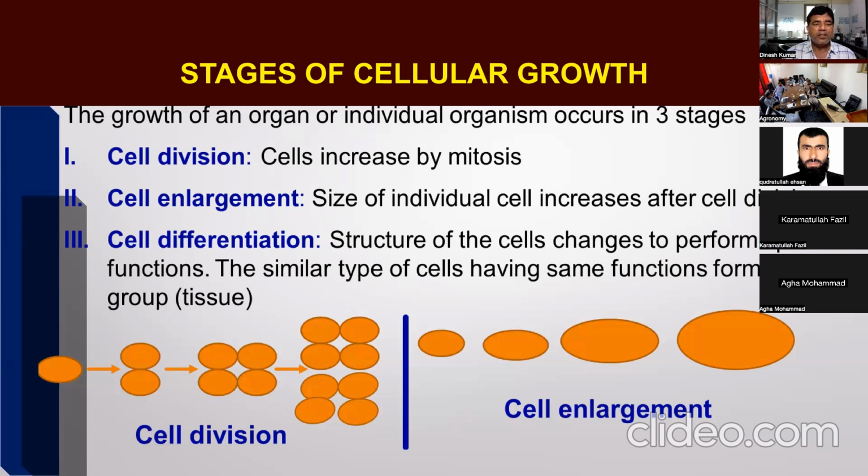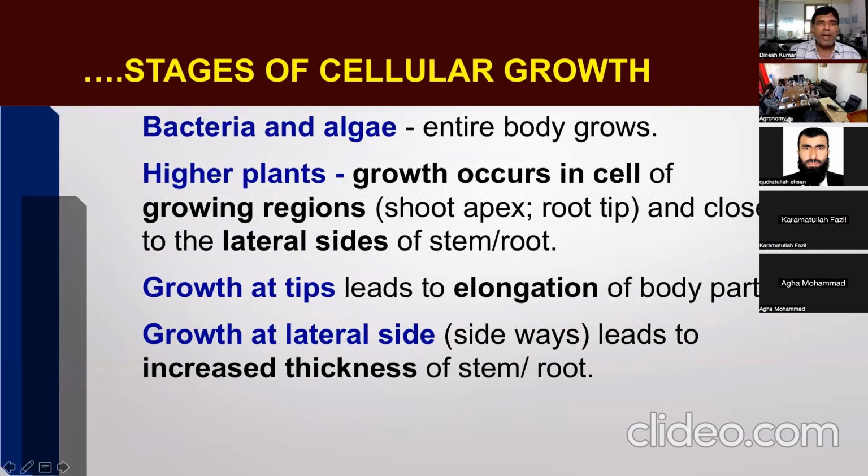So you can see that through cell division and cell enlargement, growth happens. At a smaller level, cell division, cell enlargement and differentiation are the reasons for the growth. Now you see in bacteria and algae, how growth happens. The entire body grows.